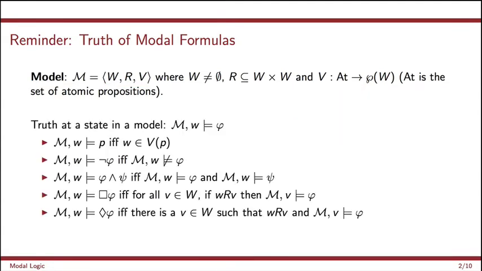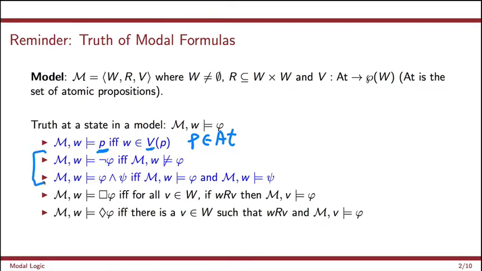Now, given a formula of our modal language, we define truth as follows. First of all, if phi is an atomic proposition, so here P is an element of AT, the set of atomic propositions, so P is true at a state W just in case our valuation function says that it's true.